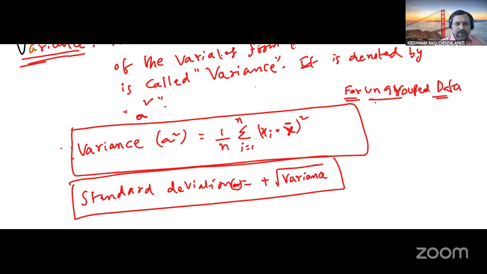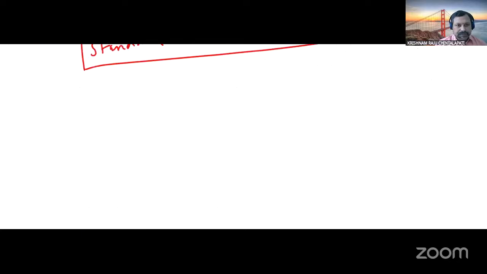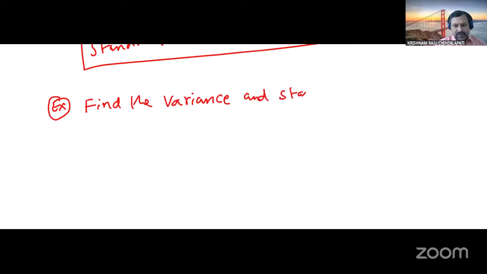Important for 2 marks. So write down the example. Find the variance and standard deviation of the following data.